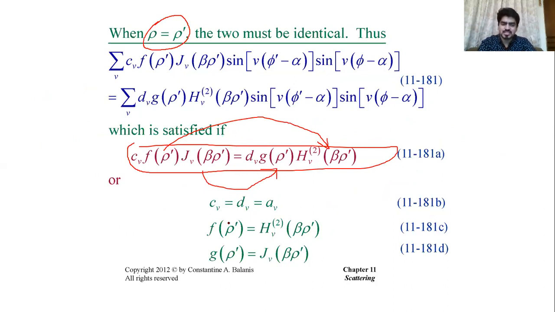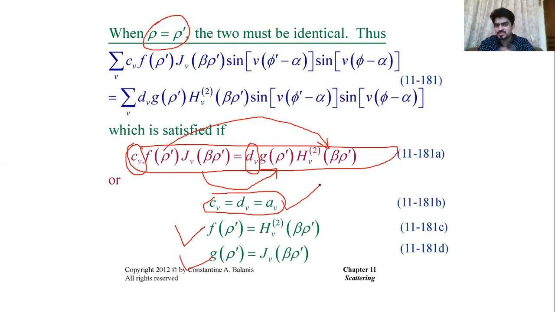So that's what we get: f of rho prime will be a Hankel function of the second kind, and g of rho prime is going to be a Bessel function of the first kind with beta rho prime. Also, C equals D. So these unknown coefficients D_v and C_v should be equal to each other, and that we define as A_v.